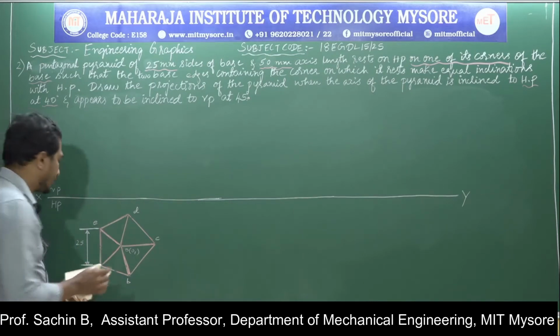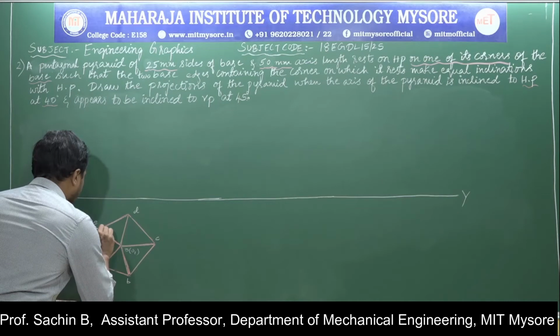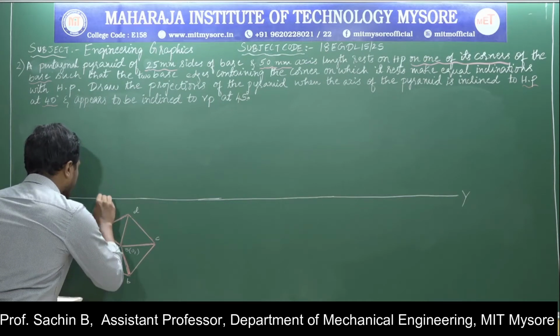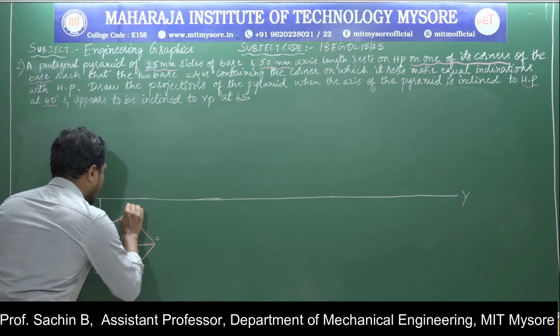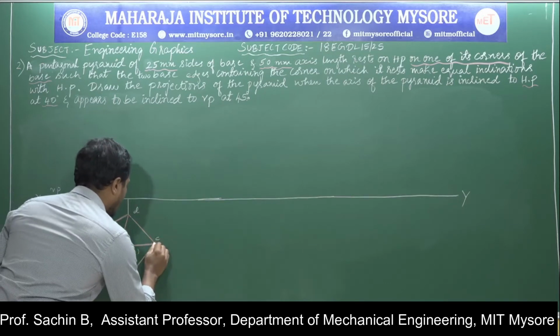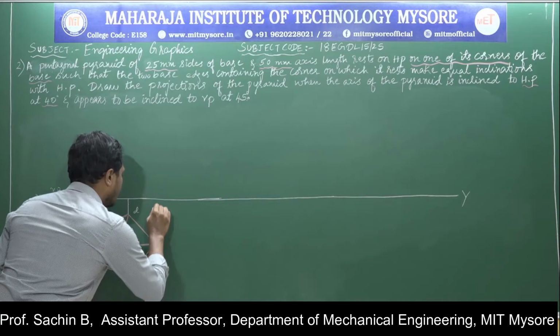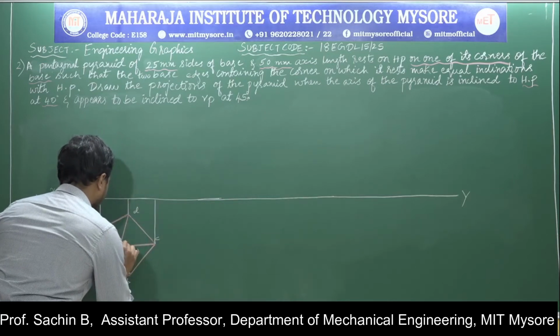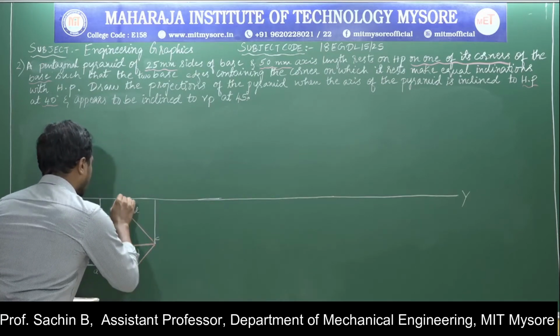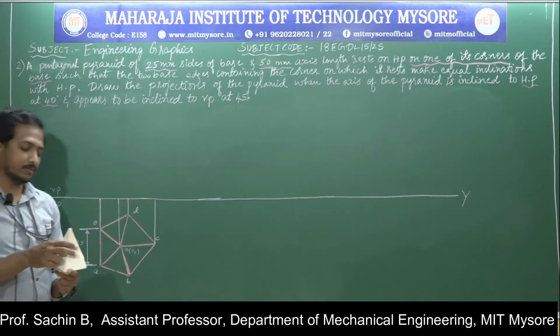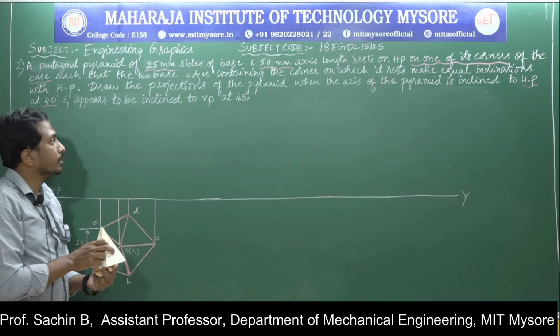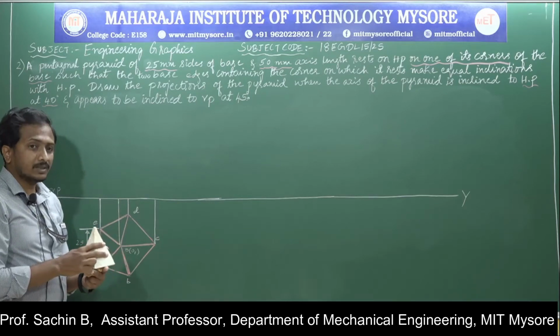Next, I will go for drawing the front view of the object. I am drawing the projection lines to draw the front view of the object. Okay, now here it is very important for us, because in the question they have given 50 mm as the axis length.